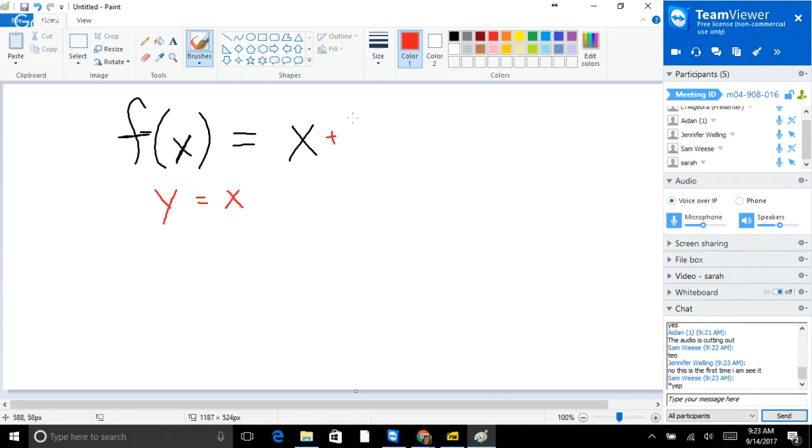Let's make it x plus 1, just so we know what we're talking about. Okay. So usually when you would see y equals x plus 1, we're used to x being our input and y being our output. It's just kind of how we've learned about equations as we've gone through algebra.